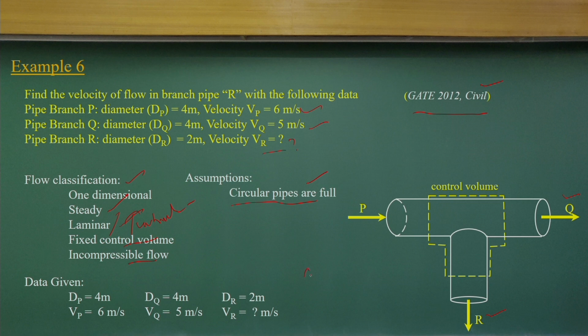If you remember, the mass per unit time coming in should be equal to the mass going out for steady problems. So, being a steady problem, the rate of mass influx coming in should equal the rate of mass going out from this control volume.